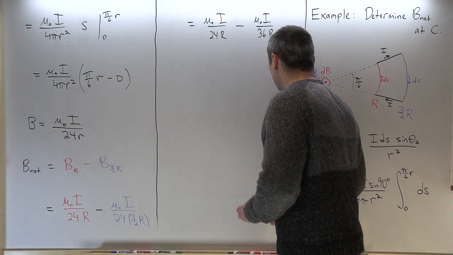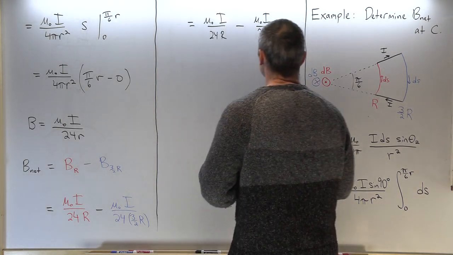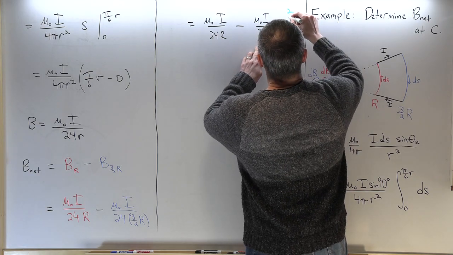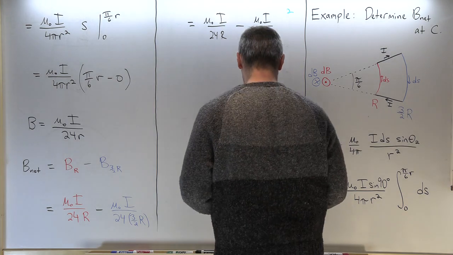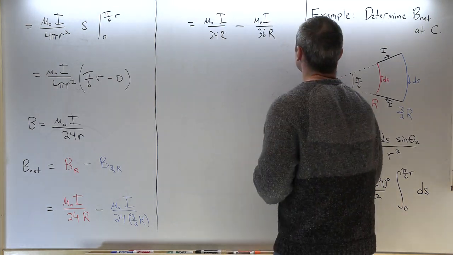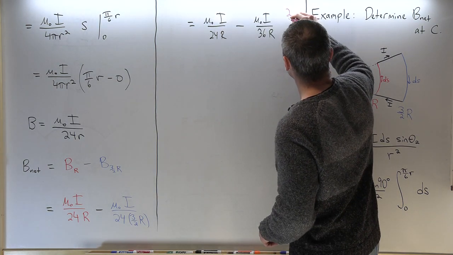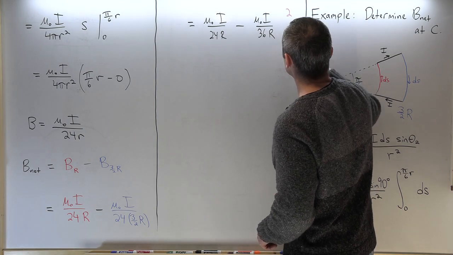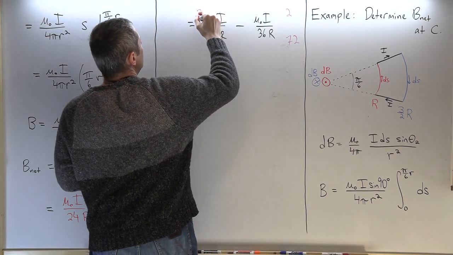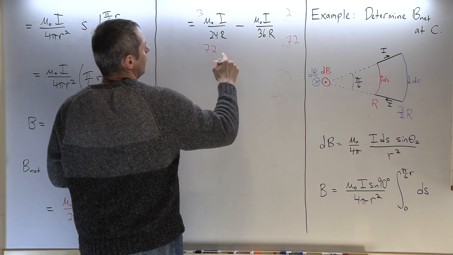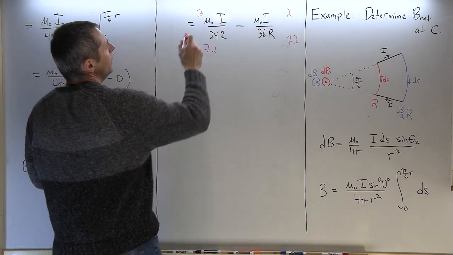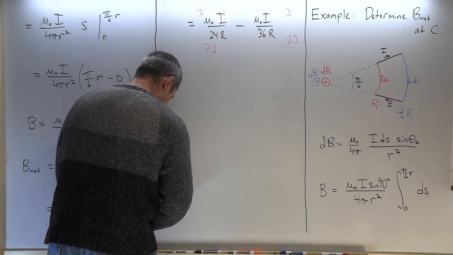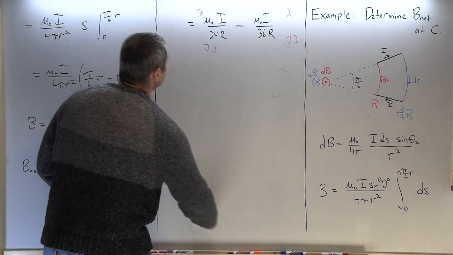So I could call this 2 over 72, and this one 3 over 72, if I multiply this by 3 over 3 and this by 2 over 2. So what I have is 3 minus 2 in the top, which is just 1.